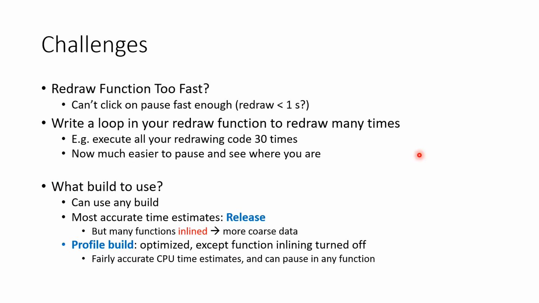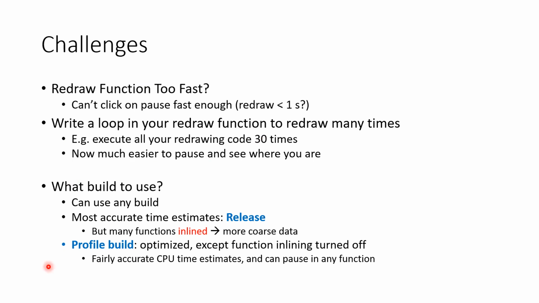In the demo that I'm going to show you, I will be doing a redraw 30 times for every redraw. So it will be slower than when I click it because it's redrawing 30 times. And it will be much easier to pause and see where you are.